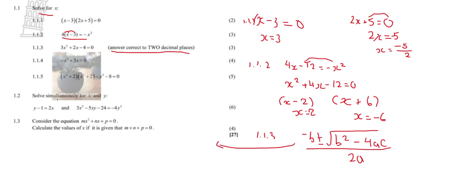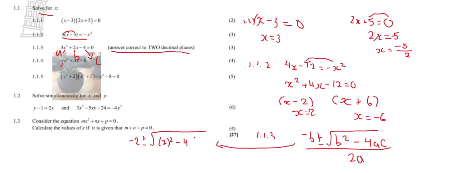Now it's very important to identify the number in front of x squared, that is our a; the number in front of x is our b; and this is our c, which is our constant. Once we do that, it will be negative 2 plus or minus the square root of b squared, which is 2 squared, minus 4.